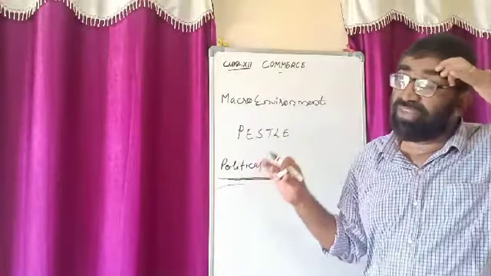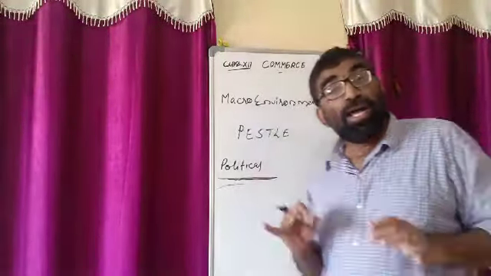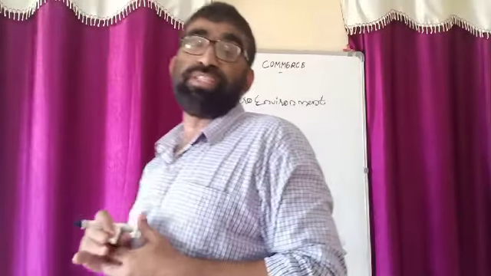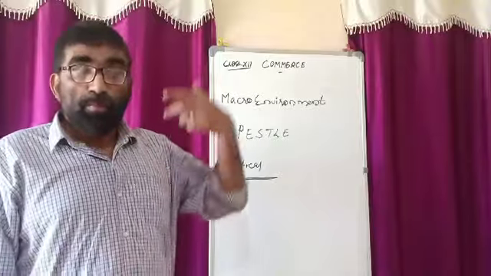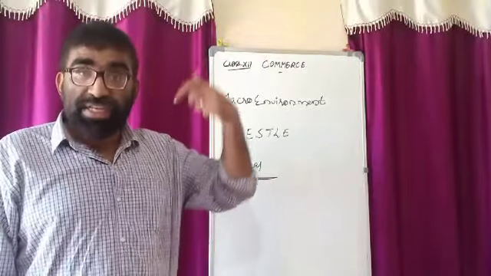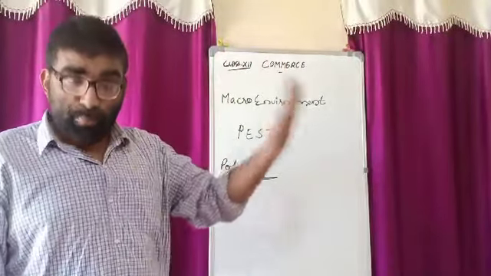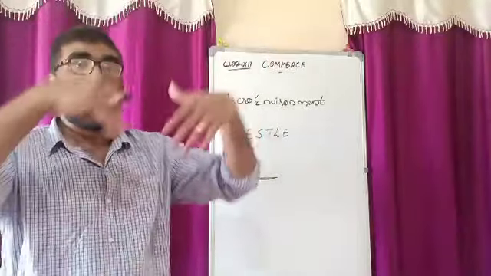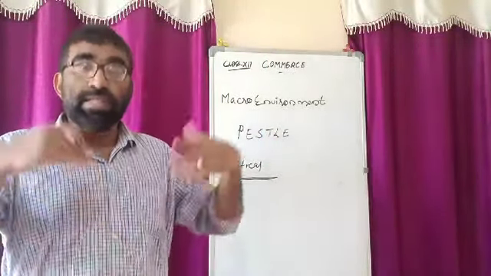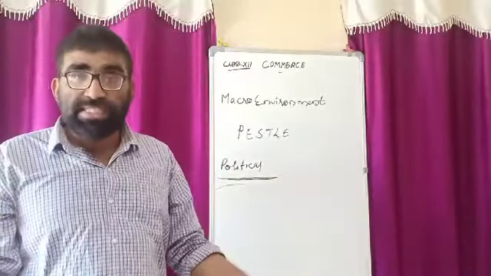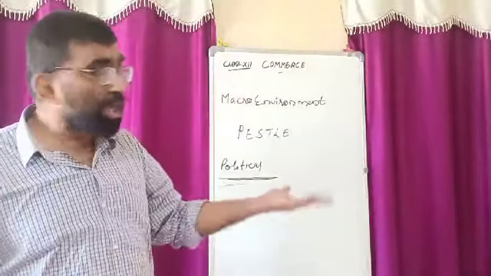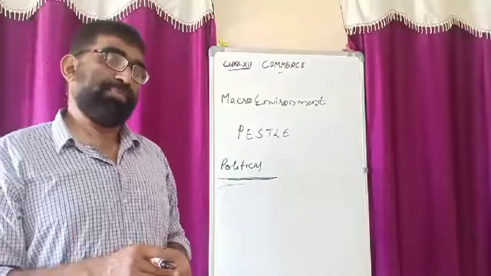All these are the various factors coming in the political environment of a business organization: political systems, political philosophy, political structure, political process, which include center-state relations, stability of the government, political ideology, and foreign policy, etc.